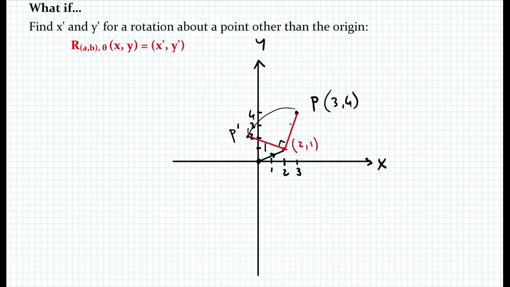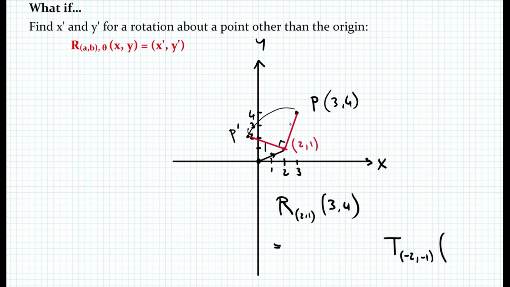For example, in this case, we have the rotation about (2, 1) of (3, 4), and that is the same as if you rotate the point over the origin. So that means that first we need to translate the point to the origin. So we translate the point by an amount of (-2, -1).